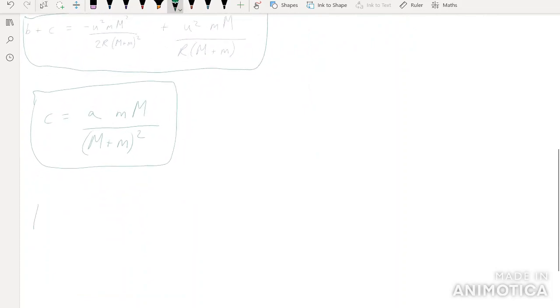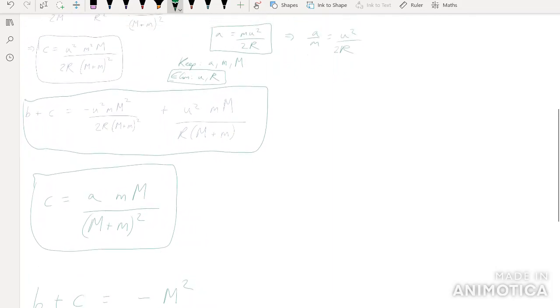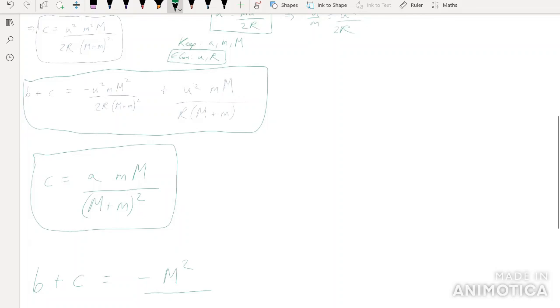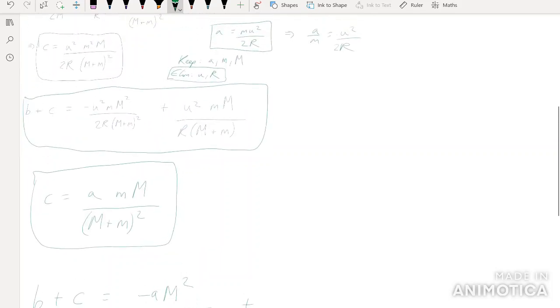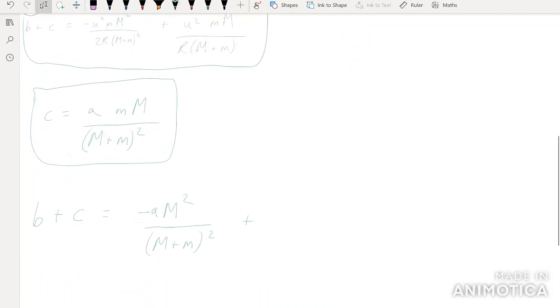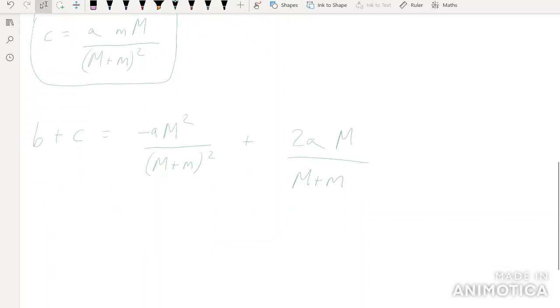And then B is equal to, well, B plus C is equal to minus M squared, just subbing in for A, minus A M squared over M plus M squared, plus, again, we need to get rid of U squared over R. So in other words, U squared over R is 2A over M. So that's going to be plus 2A M over M plus M. And we already know what C is.